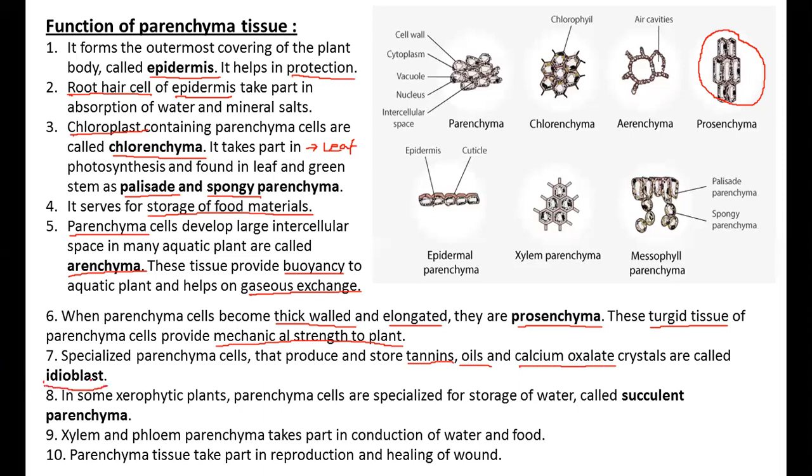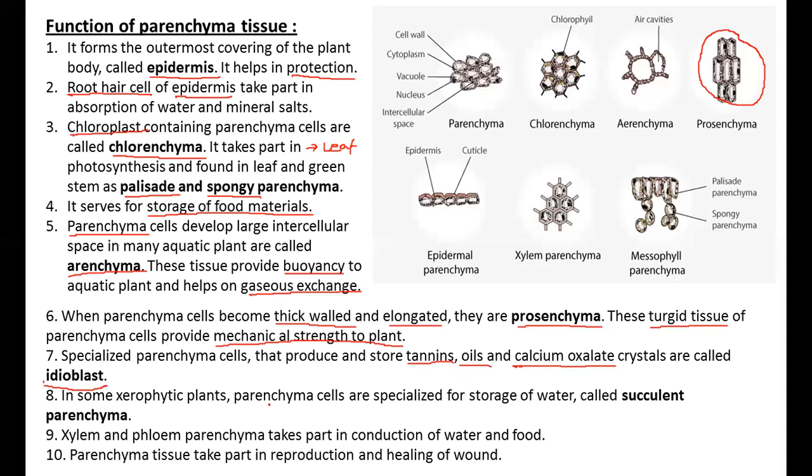Now calcium oxalate is a crystal. This can cause irritation if we eat vegetables that have parenchyma cells with calcium oxalate. It can produce irritation to human beings or other animals.